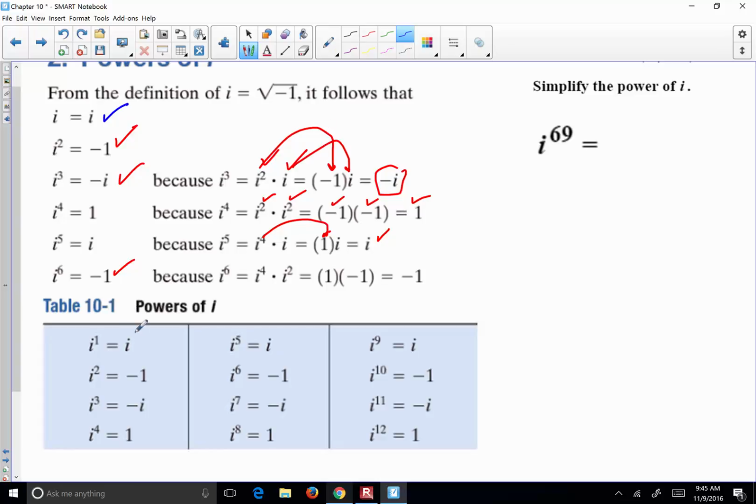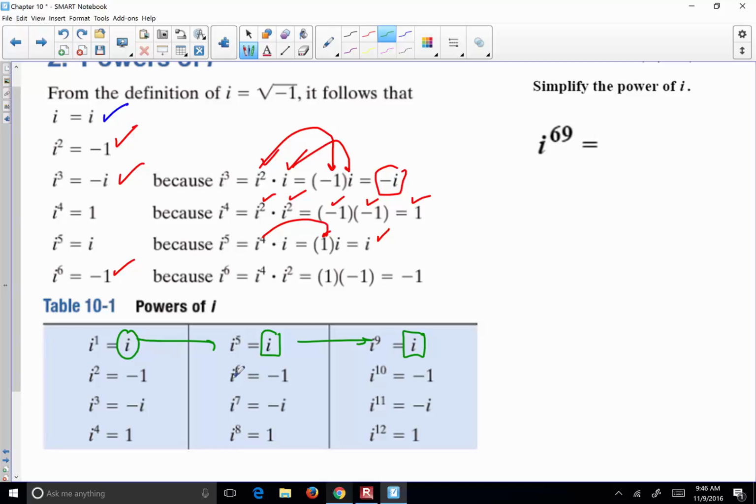There is a pattern. These powers are growing and keep getting the same number. Look, i to the 1st became i. Look what happened for the 5th power. Once you do it 4 times and go to the 5th one, it gets the same value. You do it another 4 times, 5, 6, 7, 8. When you get to the 9th, look what you got. It's again i. So you keep getting the same value at increments of 4.